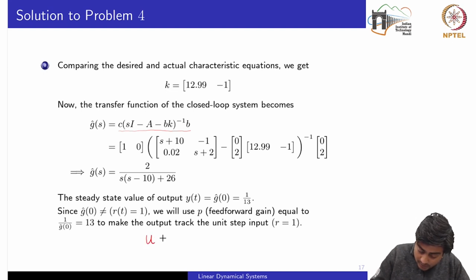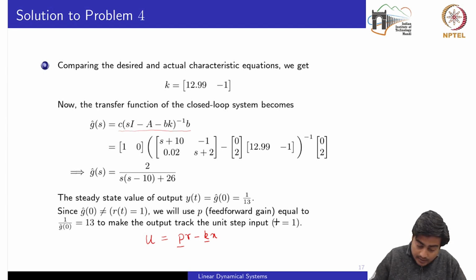So the control input or the control law would change to u = Pr minus k times x, where k we have computed, which ensures the stability, and now we want to compute the P such that r would become equal to y. Okay, so since we know the DC value, we can put P as the inverse of this value, which is 13, to make the output track the unit step input r is equal to 1.